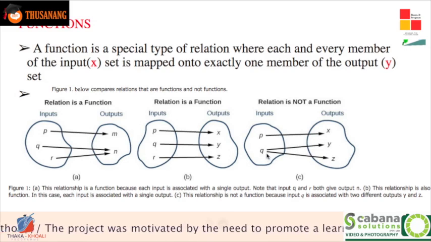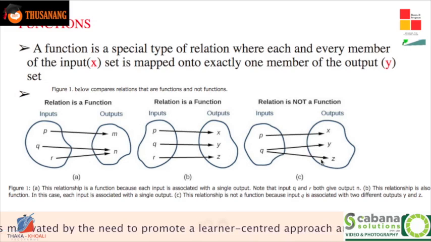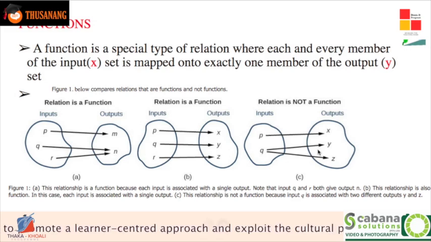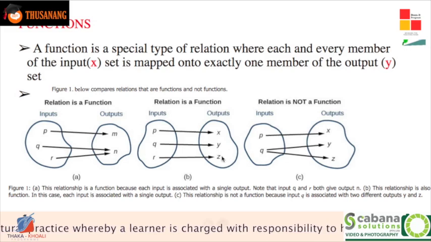So Q here is mapped onto Y and Z. It is not mapped onto one element of the output, but onto two elements of the output. So this one is not a function. Only A and B show what a function is.